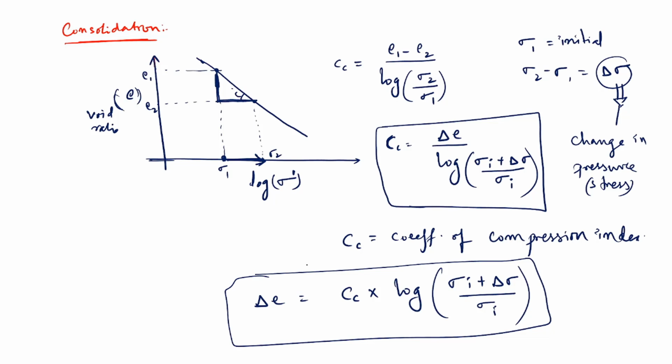Now what did we understand? Whenever you want to calculate settlement delta H, it's nothing but H multiplied by change in void ratio divided by 1 plus e naught, the initial void ratio.